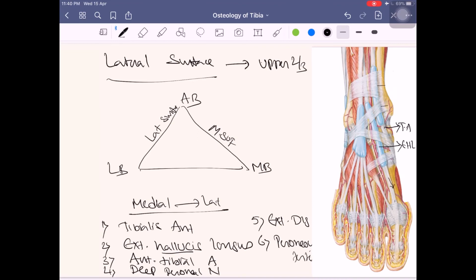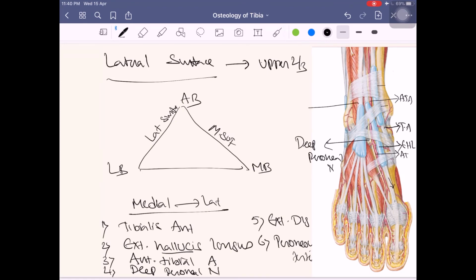You can trace it and see where it is going. And next to that you see there is an artery, red color. So this we call as the anterior tibial artery. So here you see this is the anterior tibial artery, and then next to that there is a nerve. That nerve is called deep peroneal nerve. Later we'll see why it is called so.